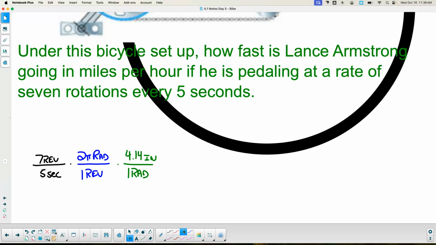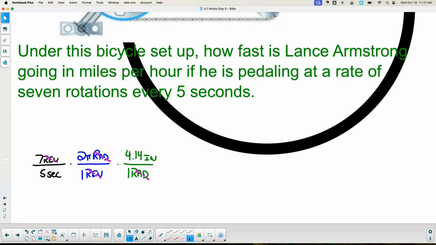Now I'm in inches. Here, let me just cancel these out. Now I'm in inches per second, correct? Is that a linear speed? Yes, that's a linear speed. So now I can go from the pedal to the little sprocket, correct? Yes? Okay, because I'm now connected to it, I can go to that one.